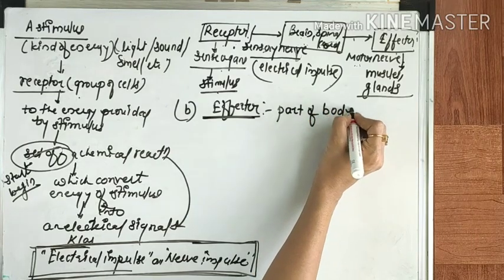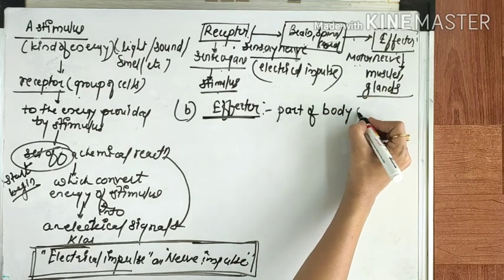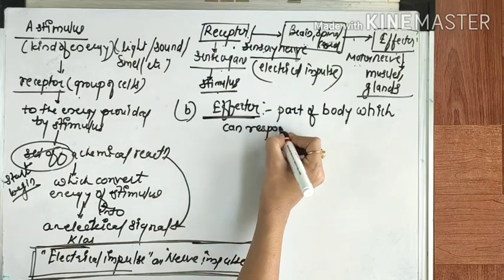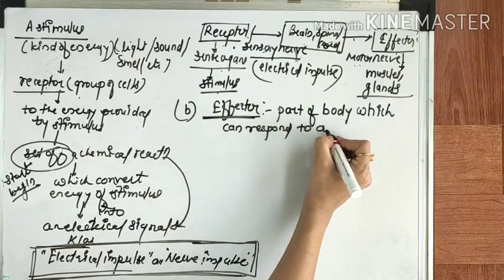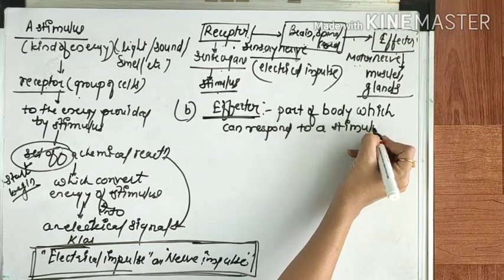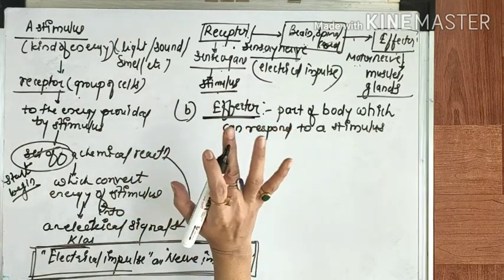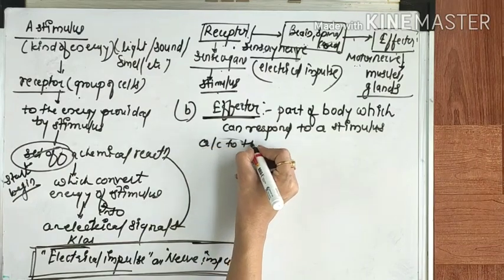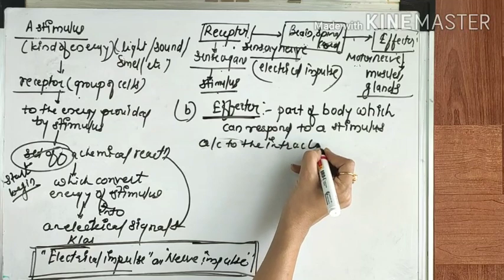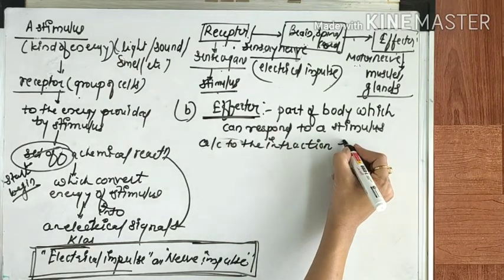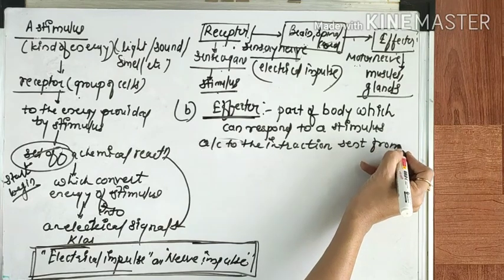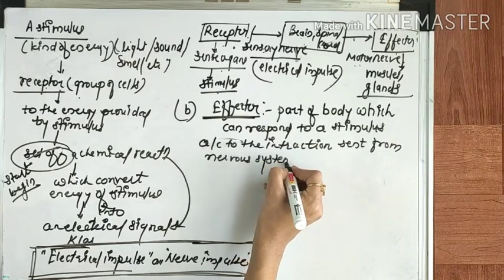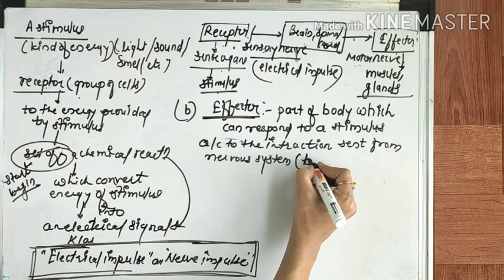The effector is a part of the body which can respond to a stimulus according to the instructions sent from the nervous system, that is, brain and spinal cord.